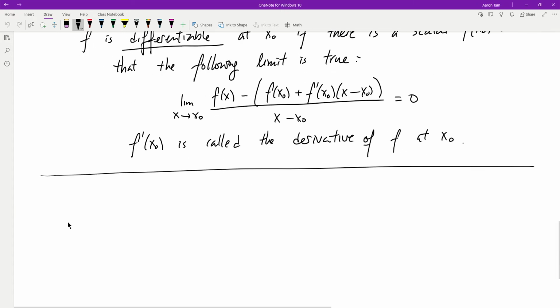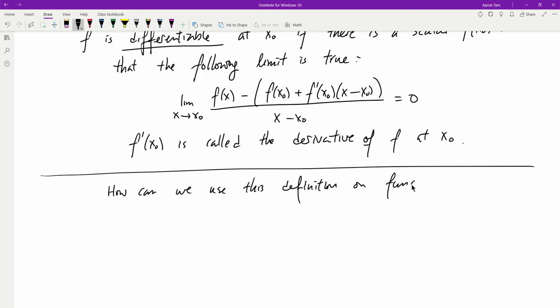So now the big question is, how can we use this definition on functions with several independent variables, basically a function f that maps from Rn to R?